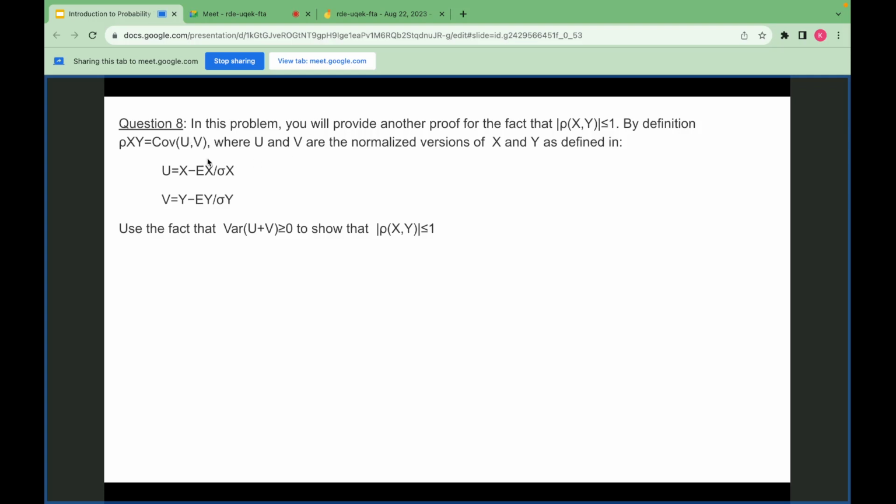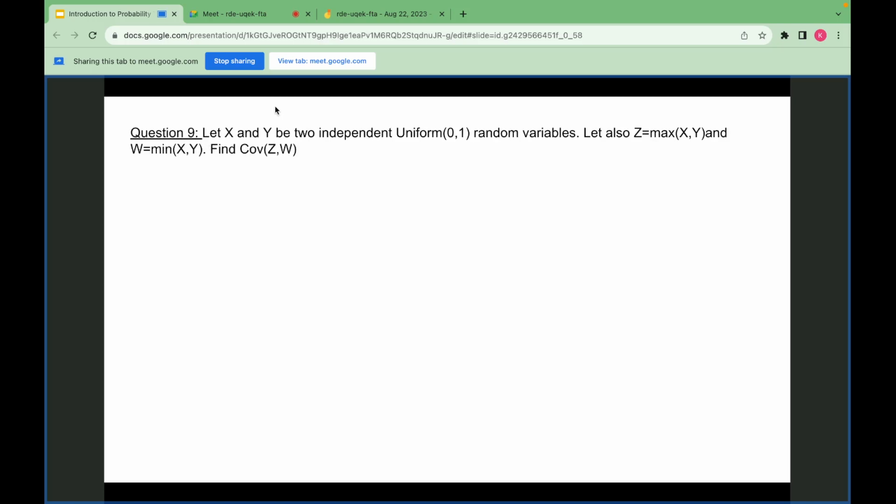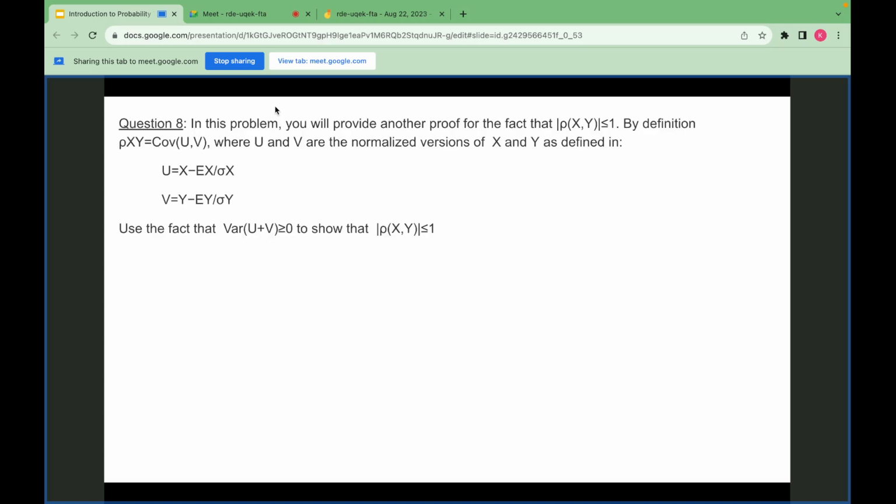Okay, so it is given that rho of x comma y, the correlation coefficient of xy, is equal to covariance of u comma v, where u and v are the normalized versions of x comma y.